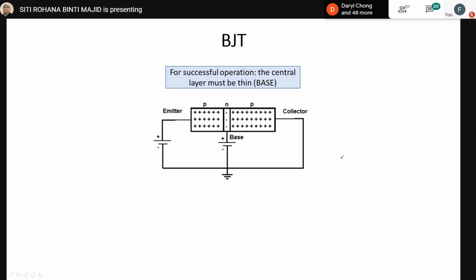To be a good BJT, we need to have a very thin base. Why? As I mentioned, the base is a layer that supports this back-to-back arrangement, because the base is sandwiched between two identical semiconductor materials.